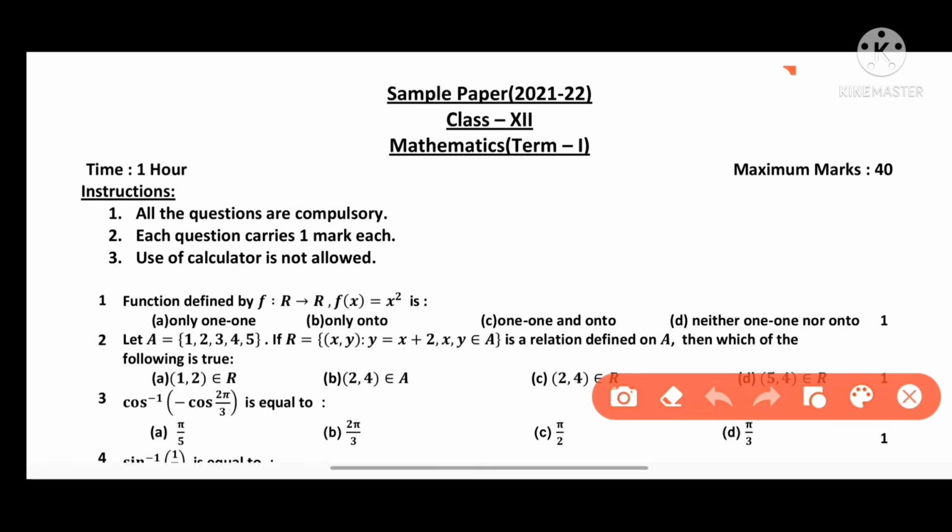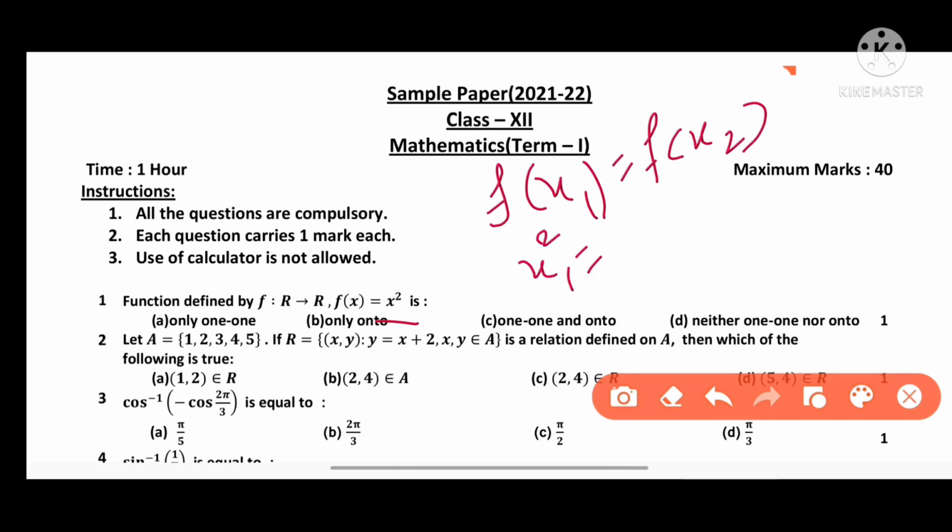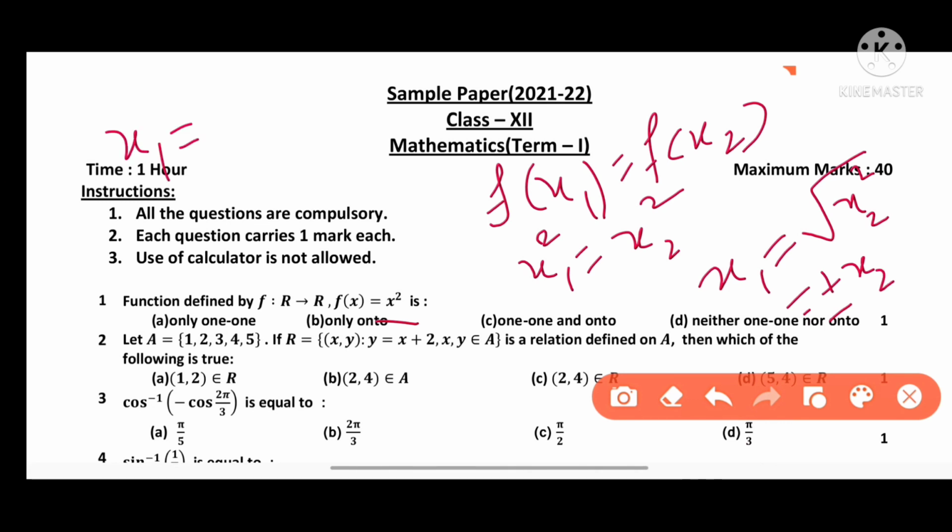Now let's check. f(x1) is equal to f(x2), that is x1 square is equal to x2 square, that is x1 is equal to under root of x2 square, that is plus minus x2. x1 is equal to plus x2 or minus x2.